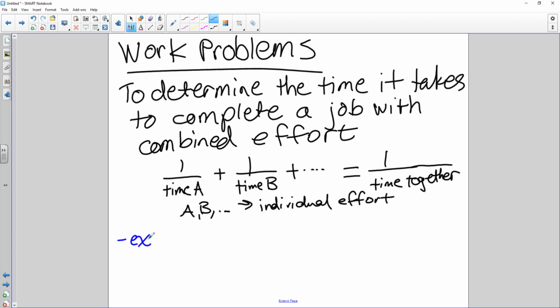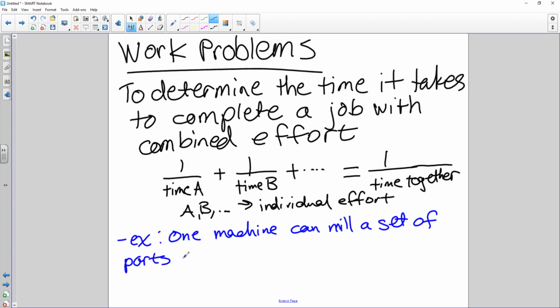Okay, so for example, if we have one machine can mill a set of parts in 90 minutes.